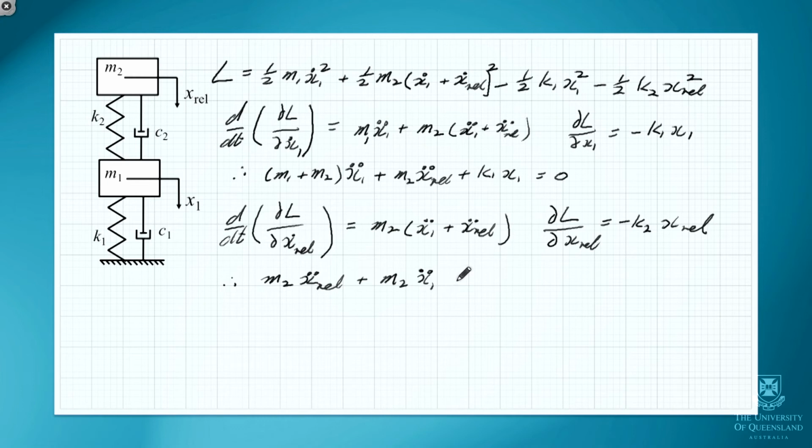And minus the L to x rel is plus K2 x rel equals 0. And that's our second equation of motion for free vibration. Note they both have coupling terms in the mass, but the stiffness terms are not coupled. And that's a result of our choice in coordinates.